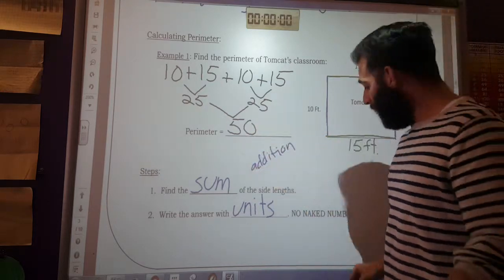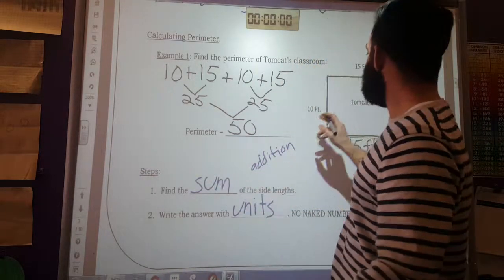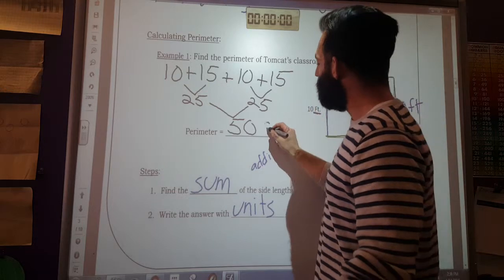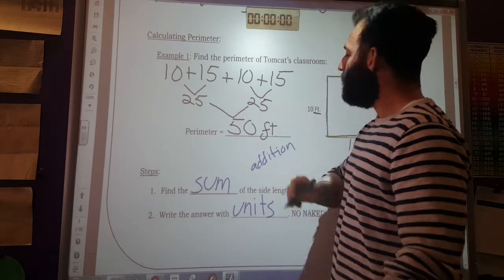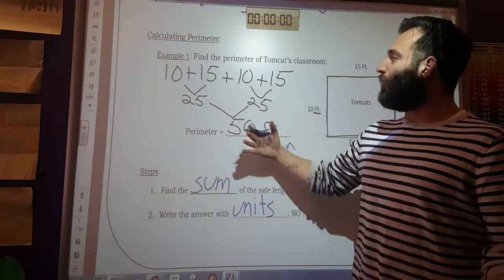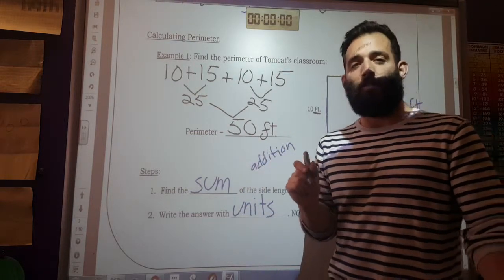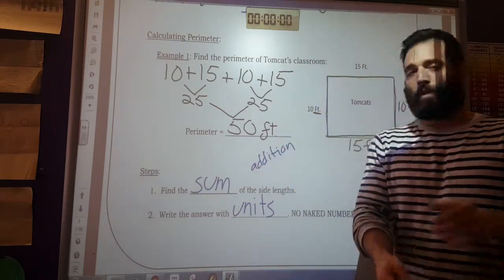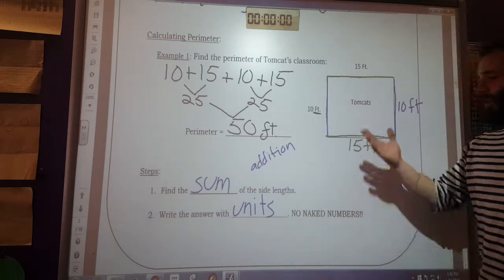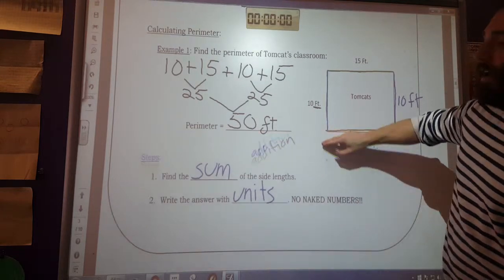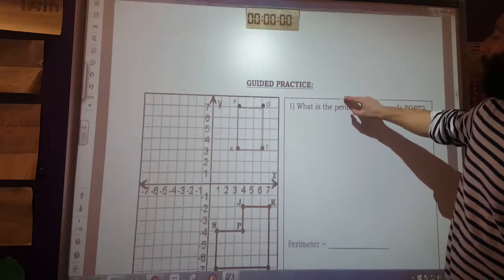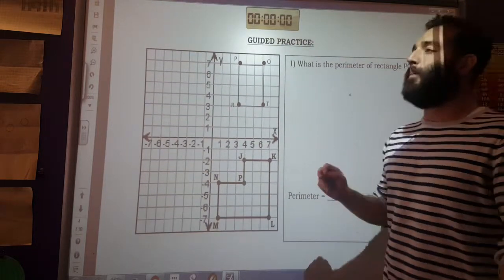This right here is a naked number. I forgot to put on my units, and my units right here is feet. The perimeter of this Tomcats classroom is 50 feet. If you need a second to take down the notes, go ahead. If not, flip the page to our first guided practice problem.